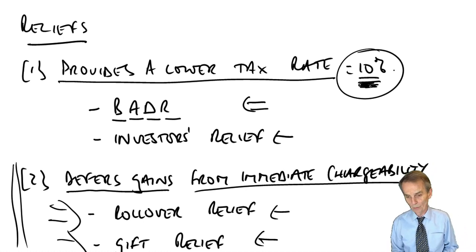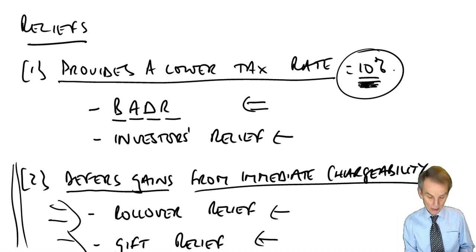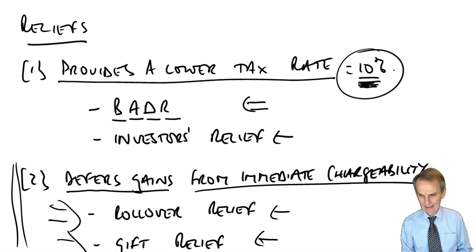But not all businesses are run as unincorporated trades. Most businesses probably are run as companies. And what the owner owns, as you know, are shares in an unquoted and unlisted trading company. So when I dispose of my business, it's not the assets of the company that I sell.